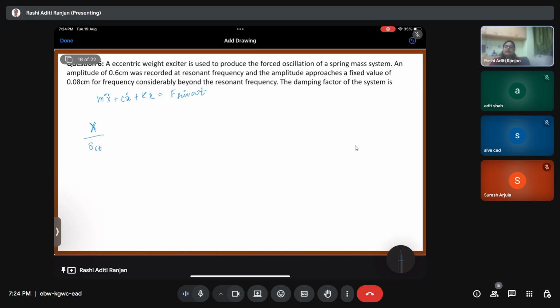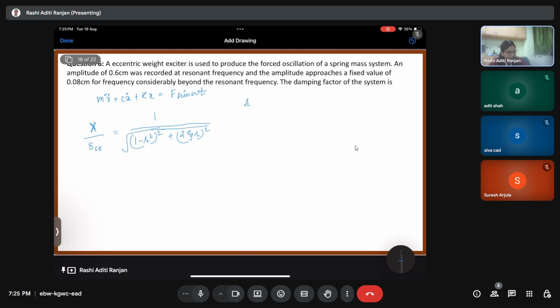Delta st is the static deflection of the system if a force F acts on it. This magnification factor is written as 1 by the square root of (1 minus r square) whole square plus (2 eta r) whole square.